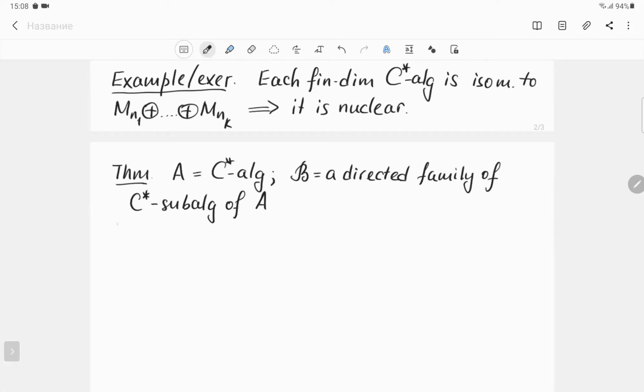Directed means the following. If you take arbitrary algebras B1 and B2 from this family, we can always find another subalgebra B3 in the same family, such that this subalgebra contains B1 and B2.